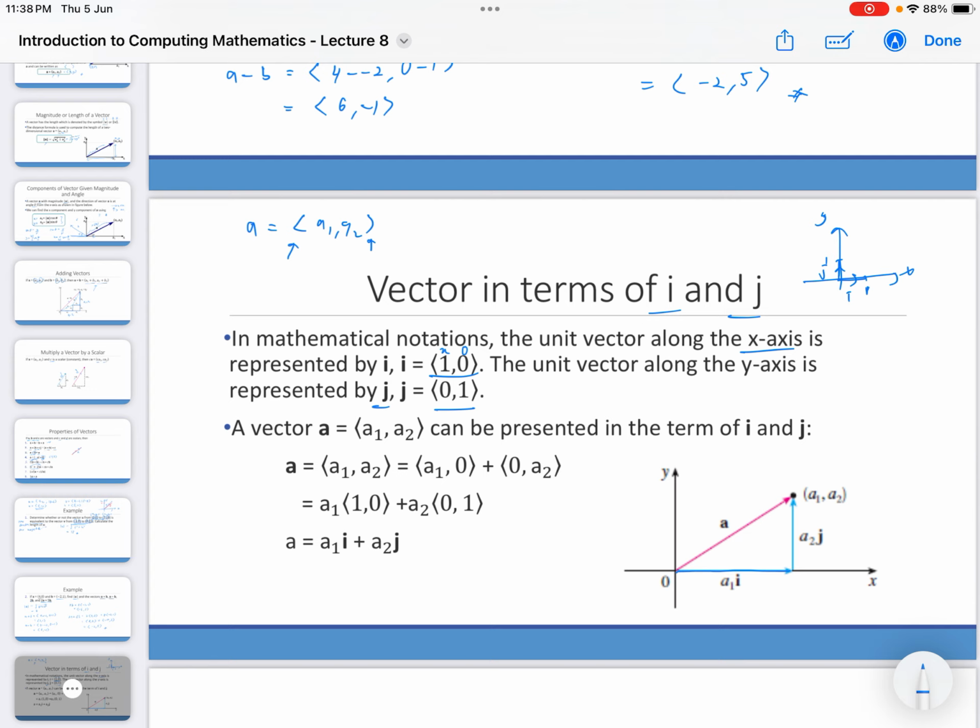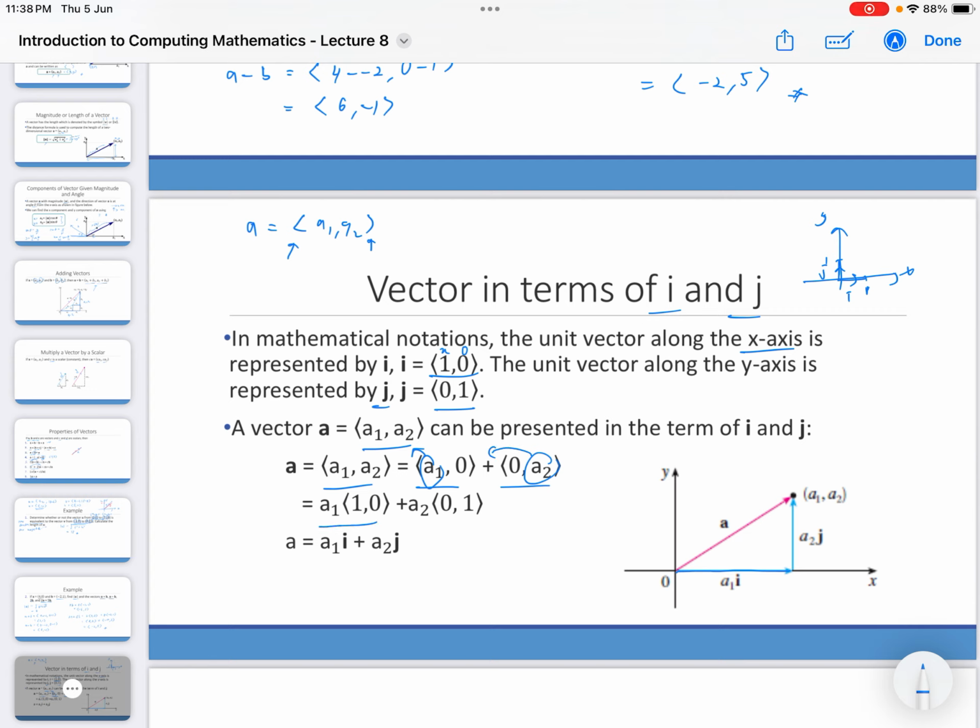Okay, (0, 1). So any vector A, which has the components A1, A2, can be represented in terms of i and j. So let's say (A1, A2), we can split it to be (A1, 0) plus (0, A2). And then the constants A1 and A2, we can put outside of the vector component.